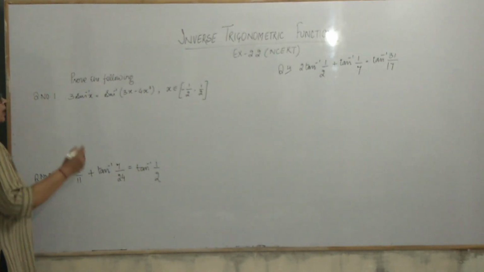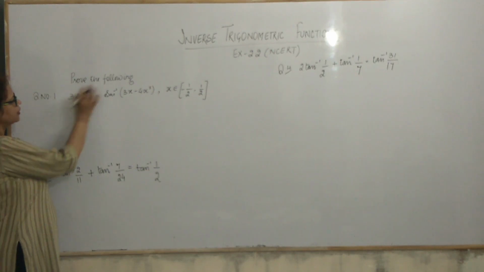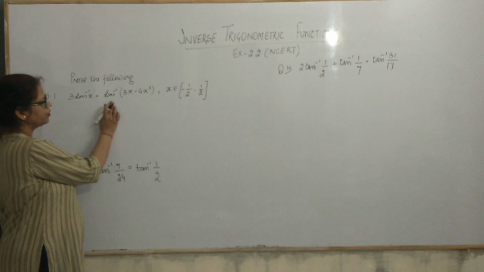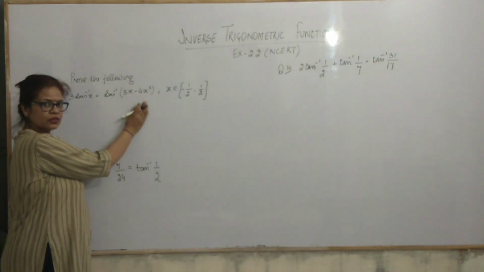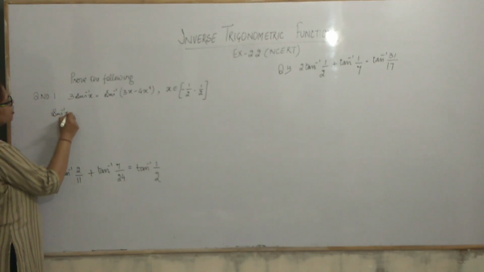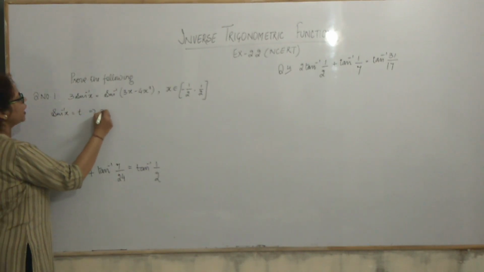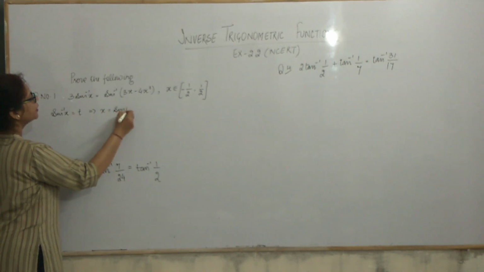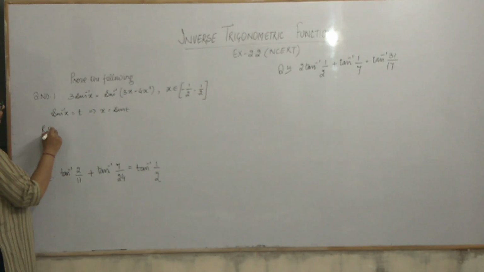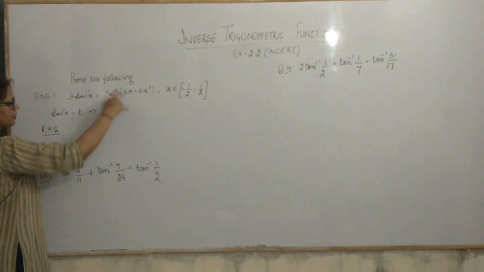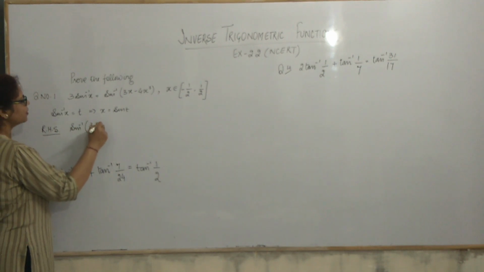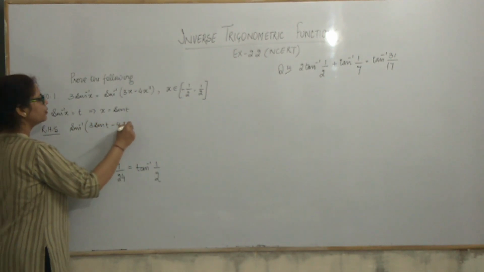Question number 1 says, prove that 3 sine inverse x is equal to sine inverse of 3x minus 4x cube. Suppose sine inverse x is equal to t. So x is equal to sine t, right? Taking the right hand side, put the value of x as sine t: sine inverse of 3 sine t minus 4 sine cube t.